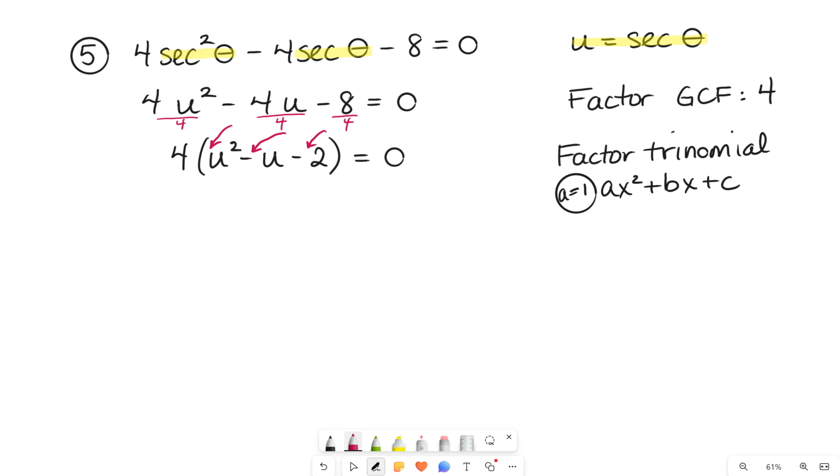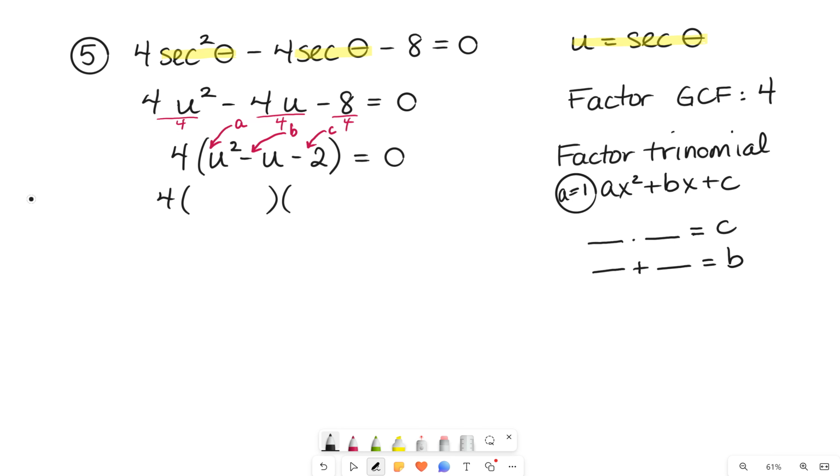That's your a, your b is this term, and your c is this term. So let me write this down: A, B, and C. The questioning technique for factoring was what times what equals your C value, that at the same time adds to be your middle term, B.